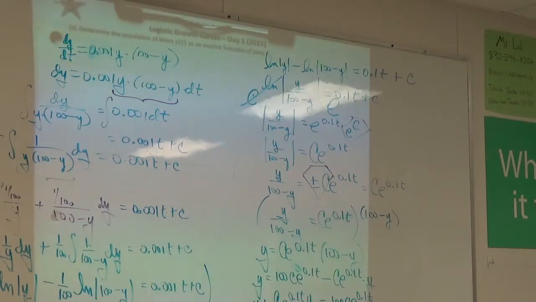You've got y times 1 plus c e to the 0.1 t equals 100 c e to the 0.1 t. So y equals 100 c e to the 0.1 t over 1 plus c e to the 0.1 t. I have solved for y.